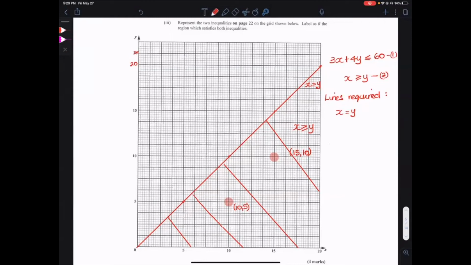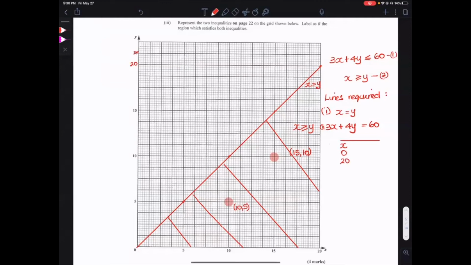So the next line we have to draw is 3x plus 4y equal to 60. And remember in the question we did just now, we just need to get two values to draw a straight line. So the two values that we are going to use is when x is equal to 0 and when x is 20.